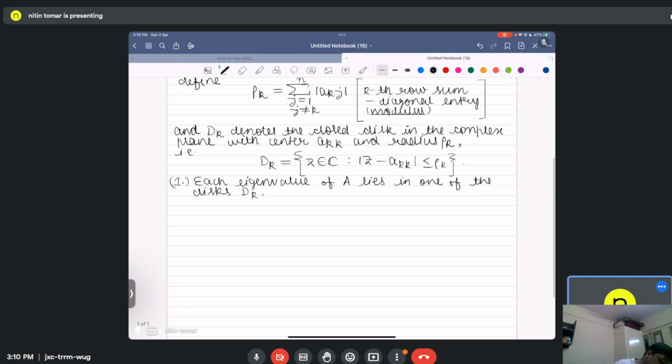In other words, no eigenvalue of A lies in C minus the union of Dk, k going from 1 to n. What does it mean basically? It says that all the eigenvalues lie in this union of Dk's.